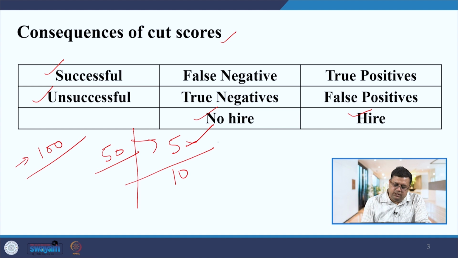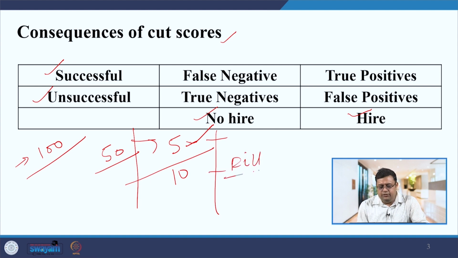That is one option available. The second option is that we can reduce this cutoff score and increase the number of candidates in order to fill the seats.